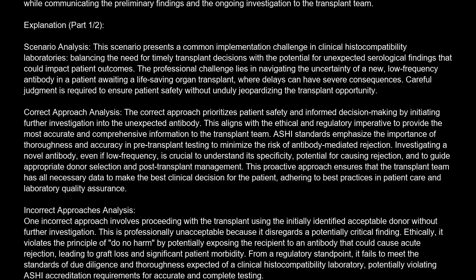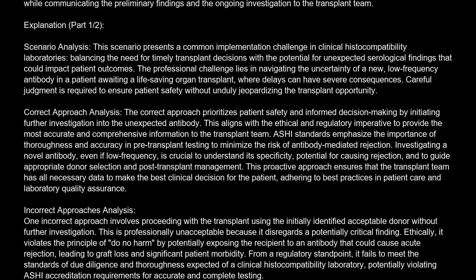Correct approach analysis. The correct approach prioritizes patient safety and informed decision-making by initiating further investigation into the unexpected antibody. This aligns with the ethical and regulatory imperative to provide the most accurate and comprehensive information to the transplant team. ASHI standards emphasize the importance of thoroughness and accuracy in pre-transplant testing to minimize the risk of antibody-mediated rejection.